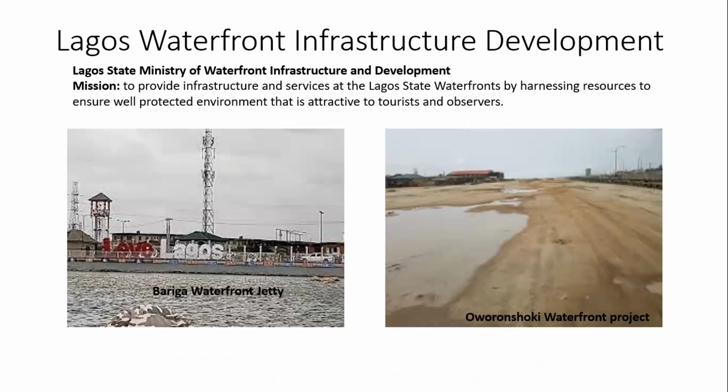Yes, Lagos State waterfront infrastructural development has done a lot to provide infrastructure services and control development along the Lagos waterfront, in order to harness resources available there and protect the environment, with a focus to attract tourists and for economic gain.